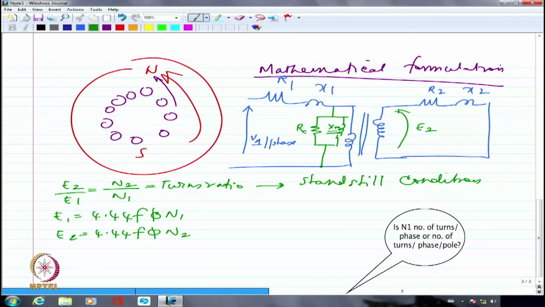Depending upon my ratings, I might connect all the windings in series or parallel. Similar to lap and wave, what we talked about in the case of DC machine. Total number of turns. I am taking the flux to be total flux that is existing in the air gap. That's the reason.